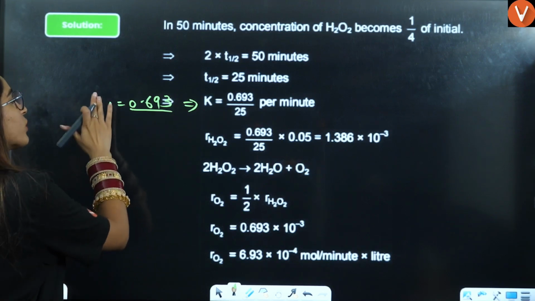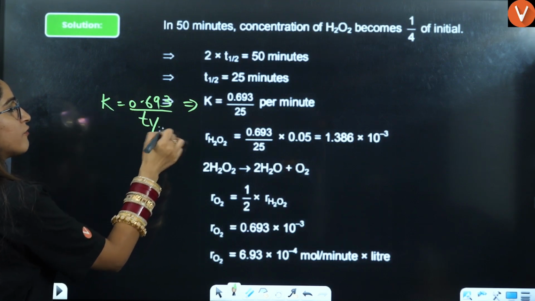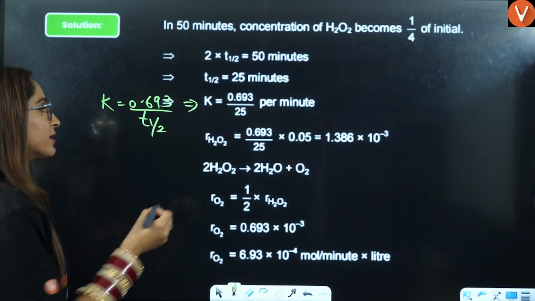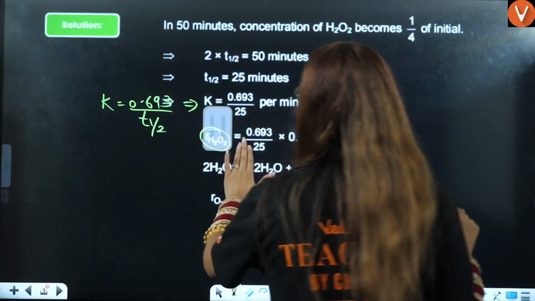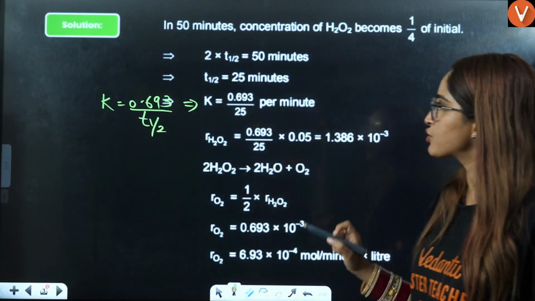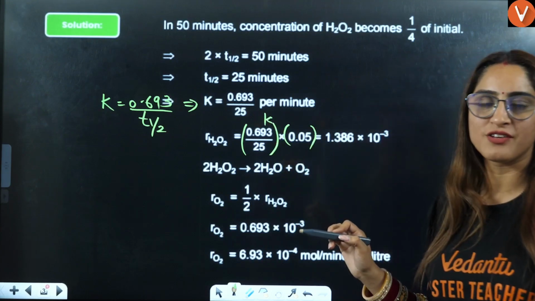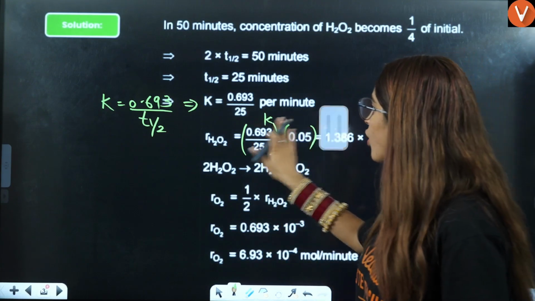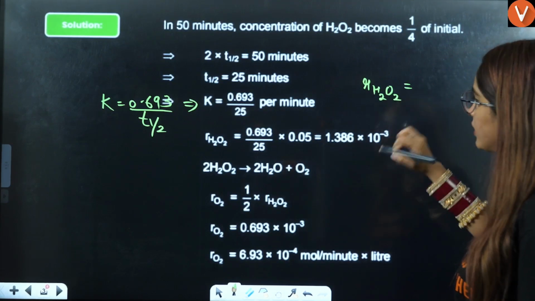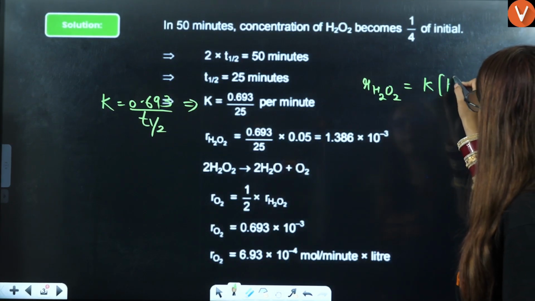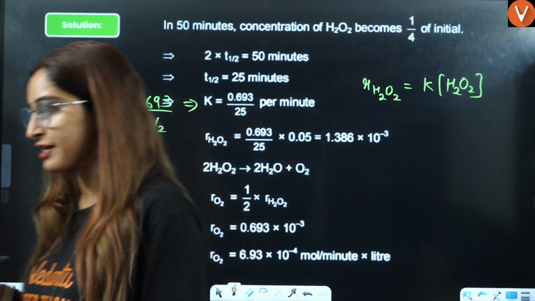Once you get the value of rate constant, now we start the very important part, calculating the rate of H2O2. From the rate law expression, rate of H2O2 is equal to K multiplied by the concentration of H2O2, because it is a first order reaction.